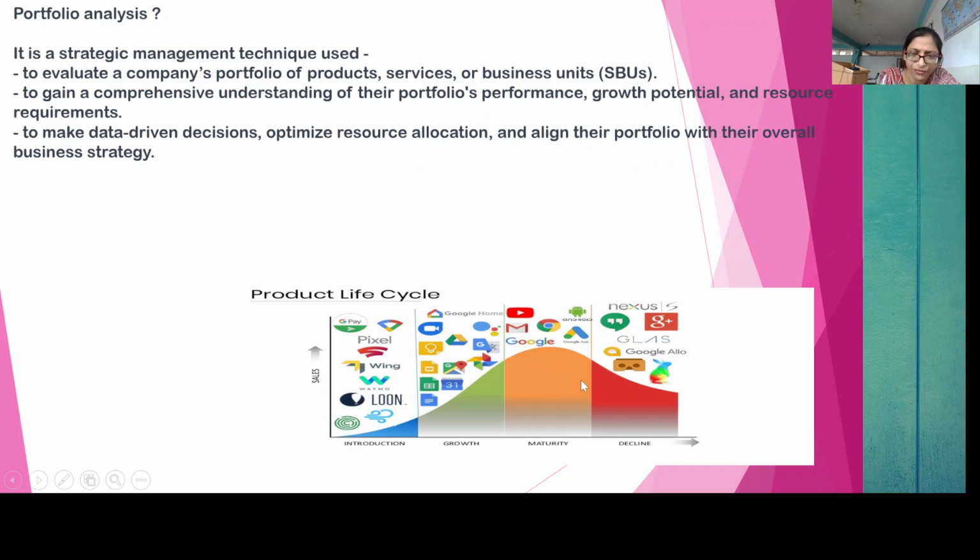In the BCG matrix also we have this kind of product life cycle. But instead of analyzing one particular product, like suppose in the car segment, electric cars, we are dealing with that particular company and all the product lines they are offering to their customers.